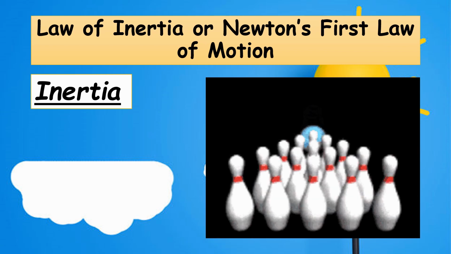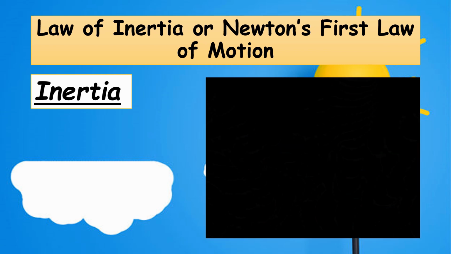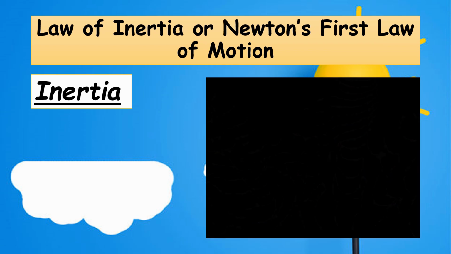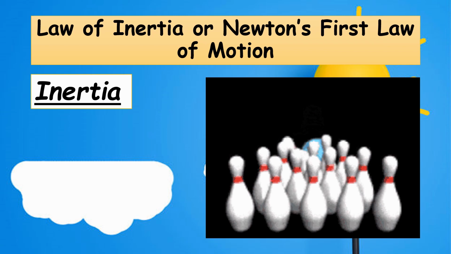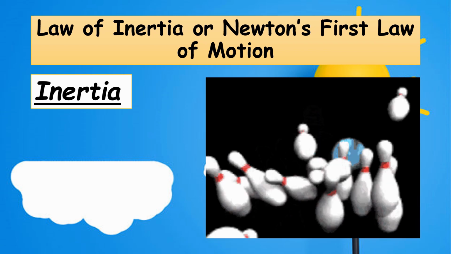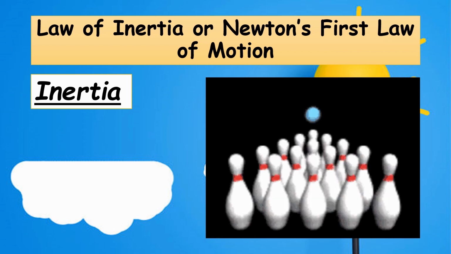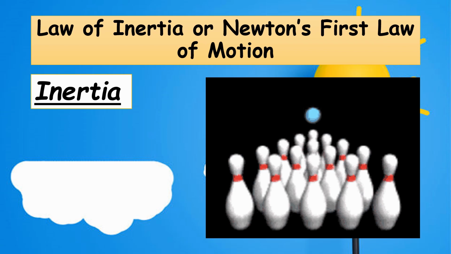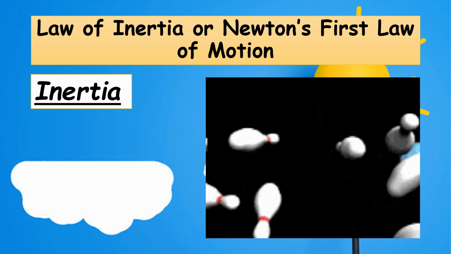Nung tumama yung bola sa bowling pins, gumalaw yung mga bowling pins. Nung tumama naman yung bola sa mga bowling pins, nag-iba siya ng direction or bumagal siya ng pag-ikot. Kasi nag-apply na tayo ng force dun sa dalawang object.